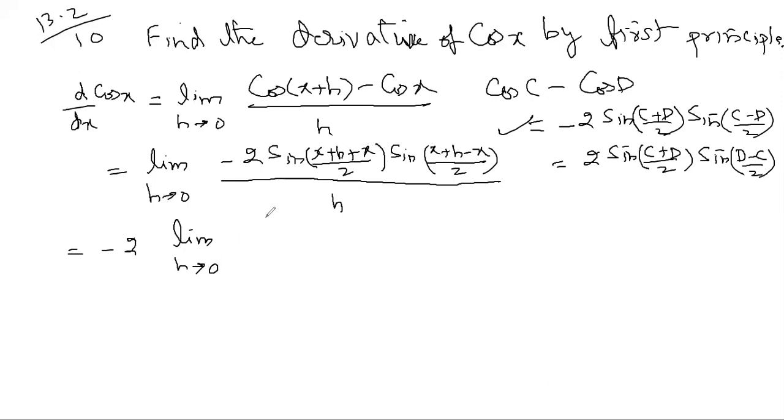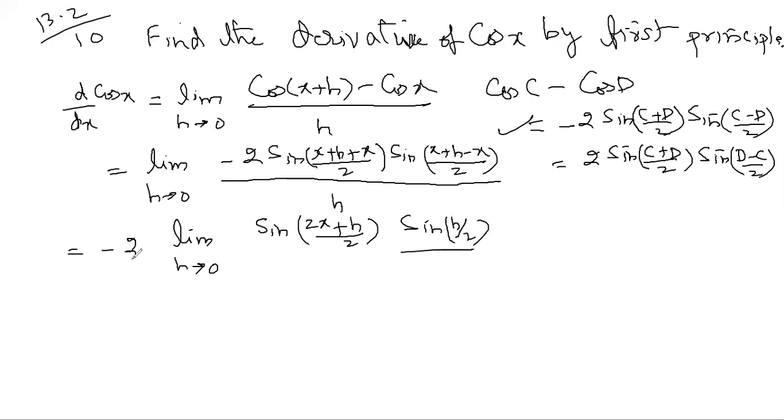Now x plus x gives sine of 2x plus h by 2. And here minus minus will cancel, leaving sine h by 2 over h.